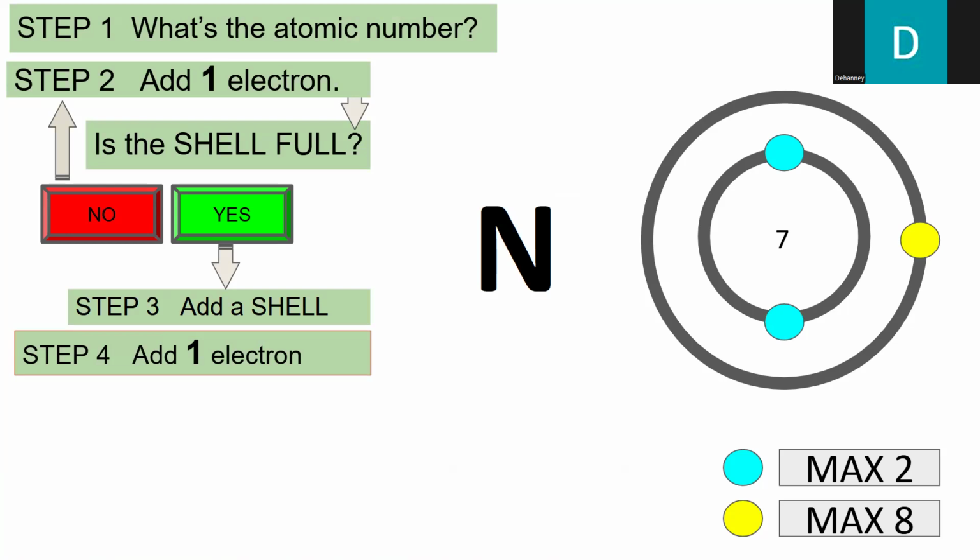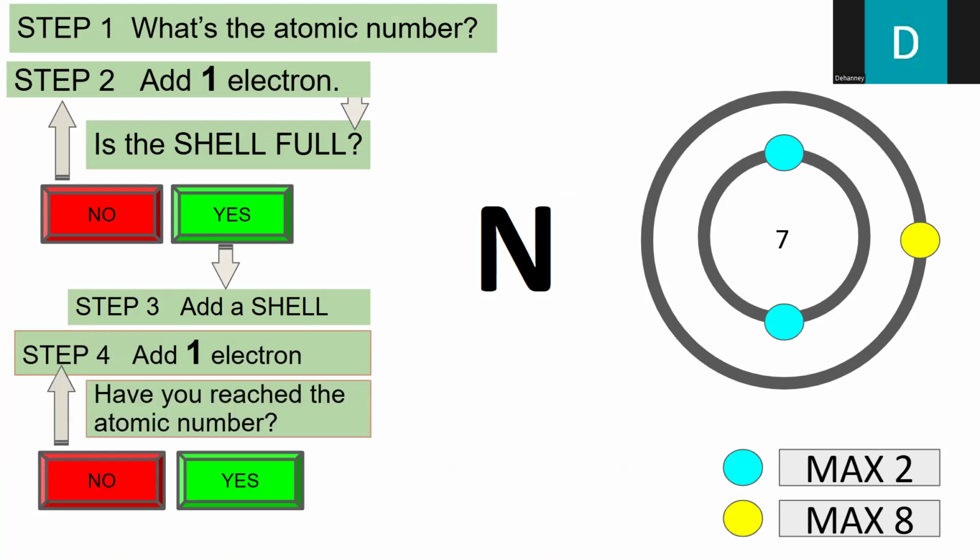So add 1 electron. Is the shell full? Have you reached the atomic number? No. Add 1 more electron. Have we reached the atomic number? No, because we still have 4 electrons and we have 7 as the atomic number. So we need to add more electrons.